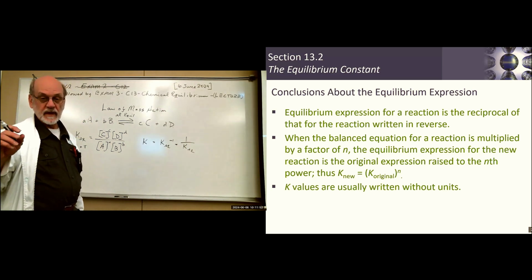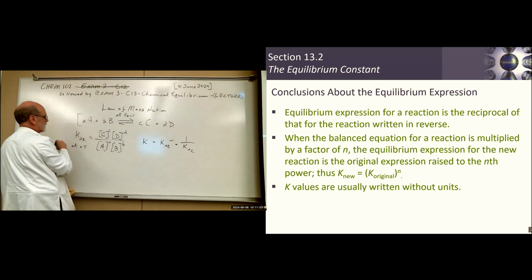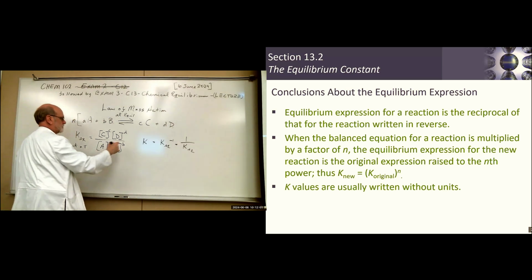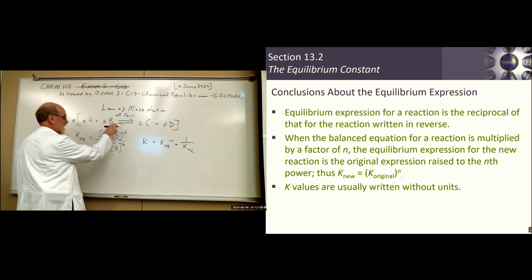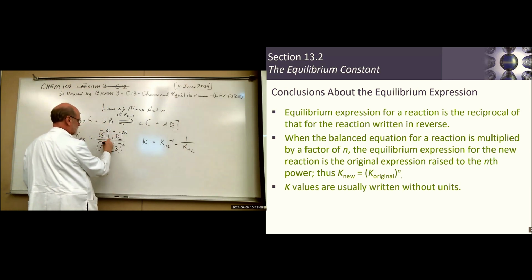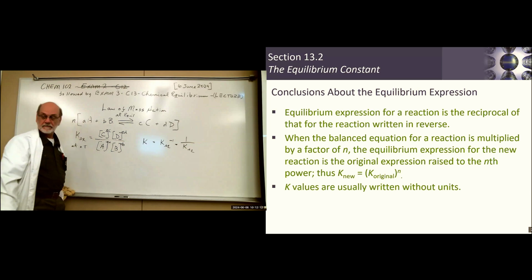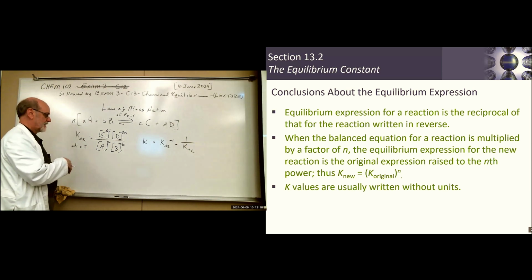What do you do if you have to multiply your equation by a constant? Say we have to multiply it by some factor n. Right? So that changes each one of these by a factor of n, correct? So that's n, that's n, that's n, and that's n. Okay, what does that do to the K?